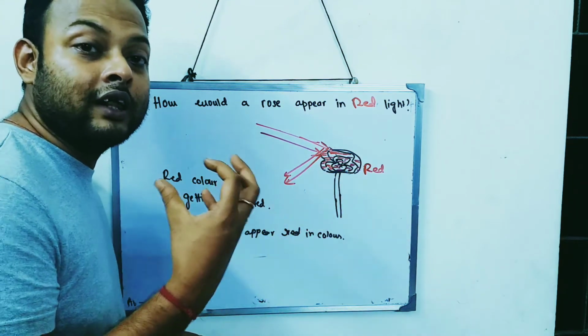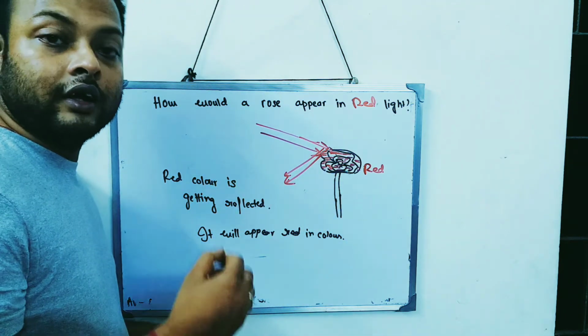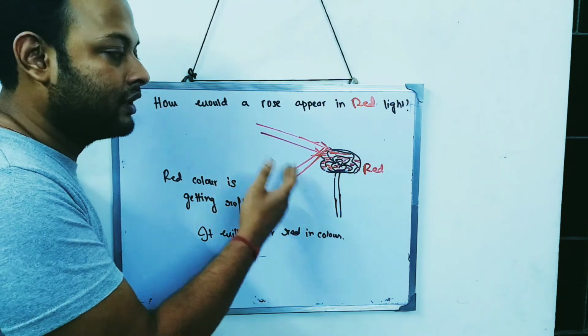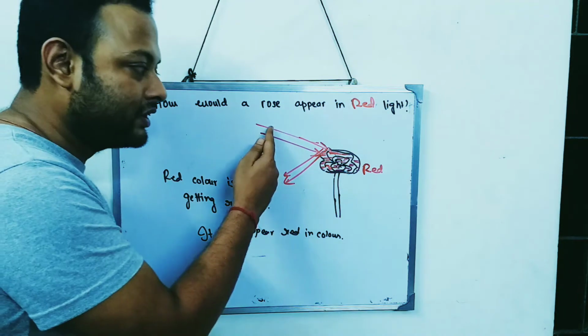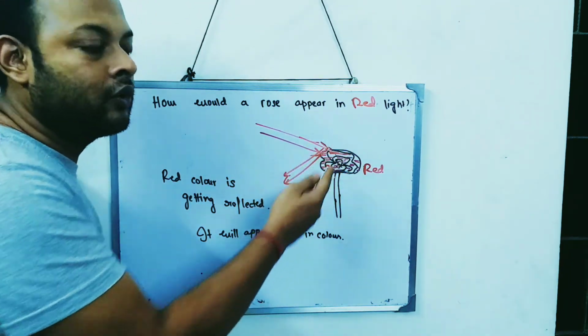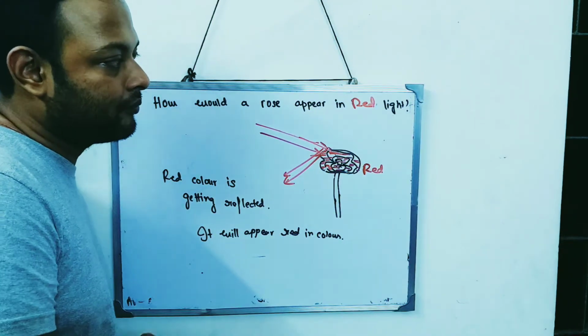If red color is reflected, it appears red. If I change it to blue, it will appear black. If I change it to green, which I already did, it also appears black, because the red rose cannot reflect the blue and the green color.